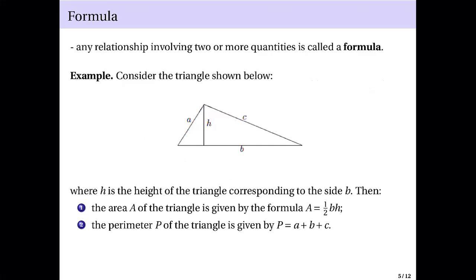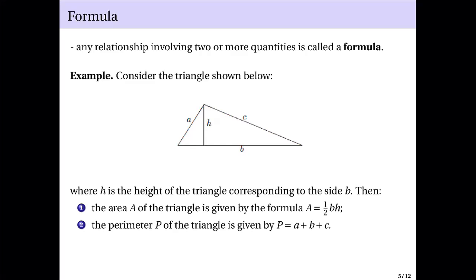So let us consider this triangle. Another set of formulas for the triangle is the following. So we have this triangle. You have A, B, C. In here, it doesn't mean that C is the longest side.